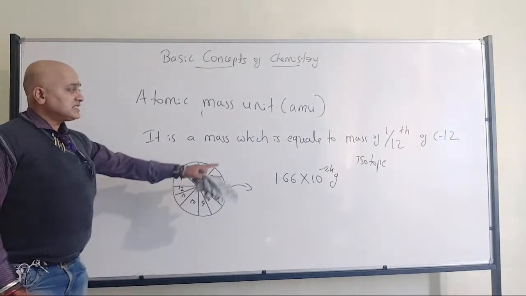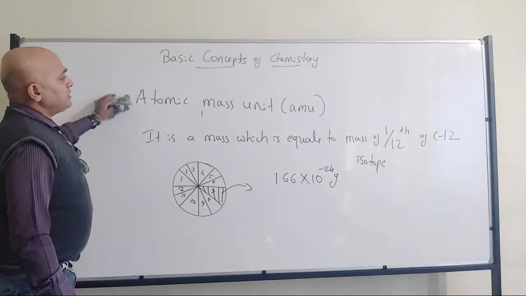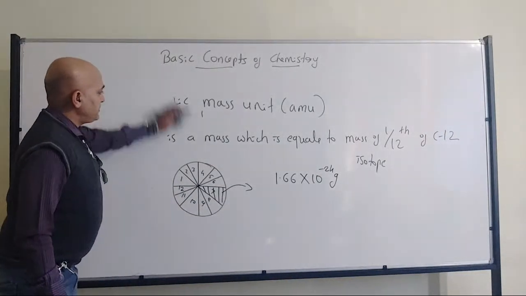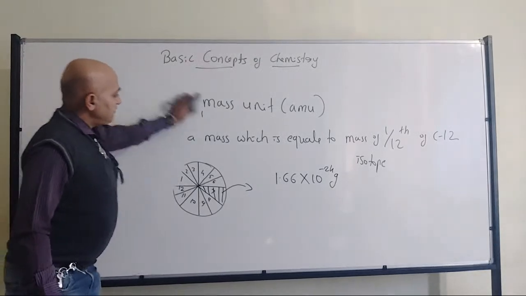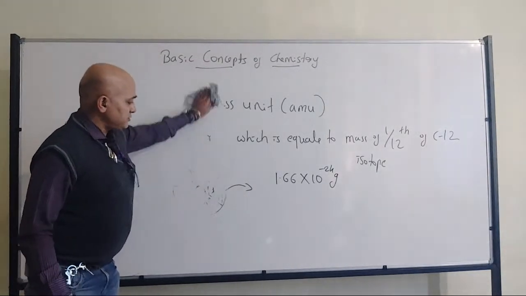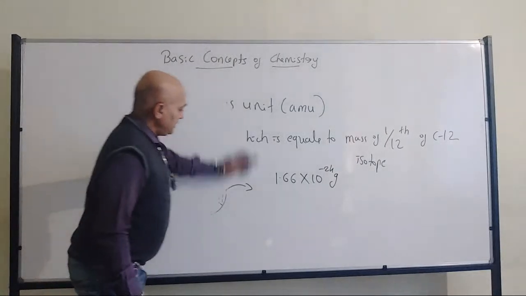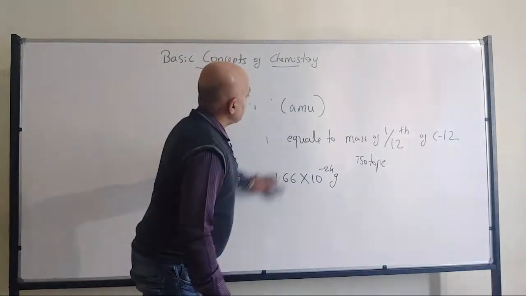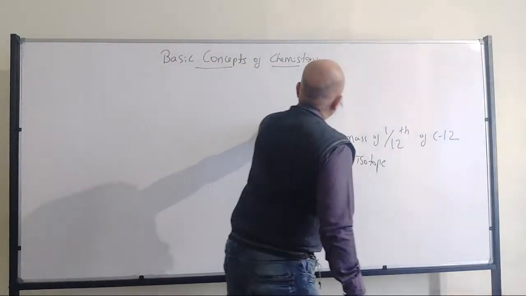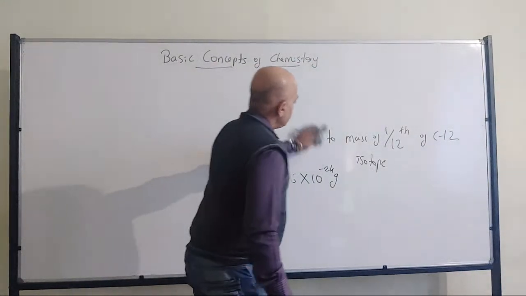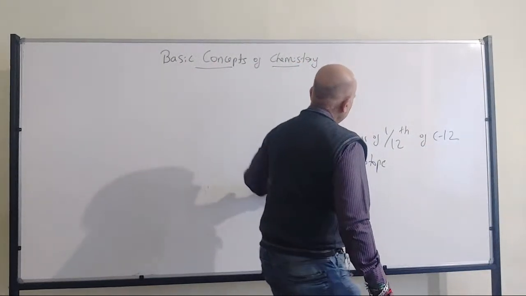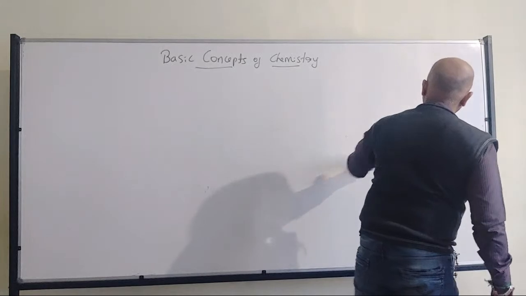Fine. So that's where we have the carbon 12 isotope, which is not a radioactive isotope. It is a stable isotope. Fine. Any doubt?